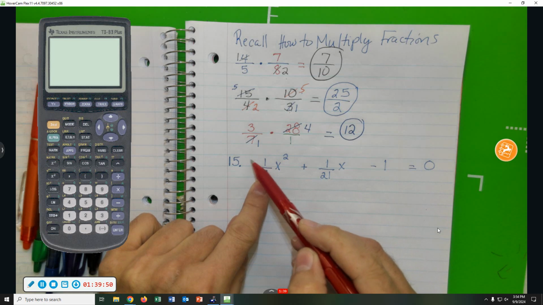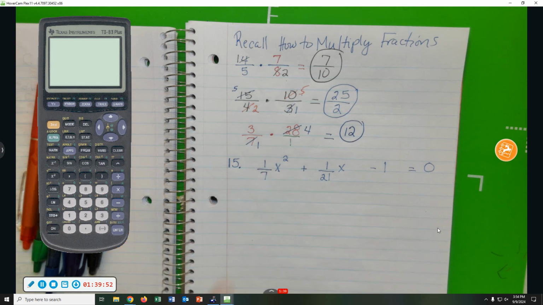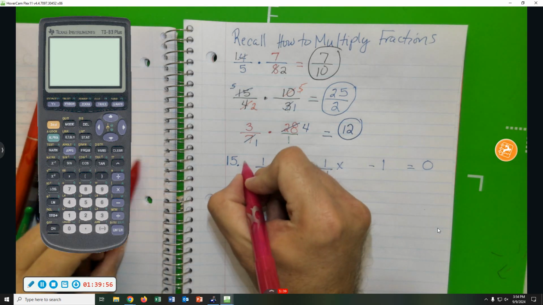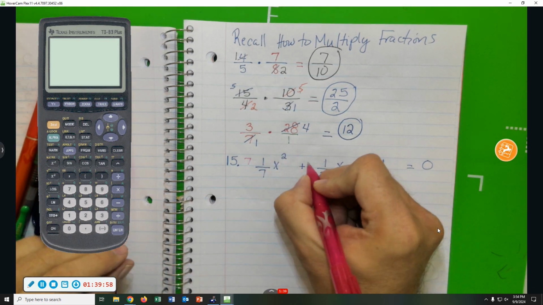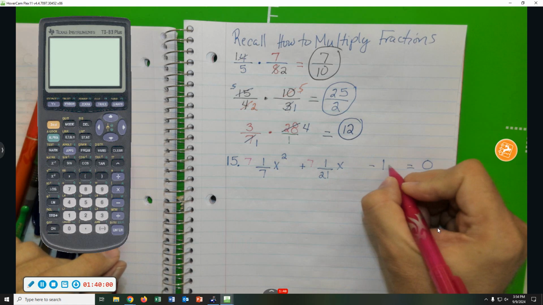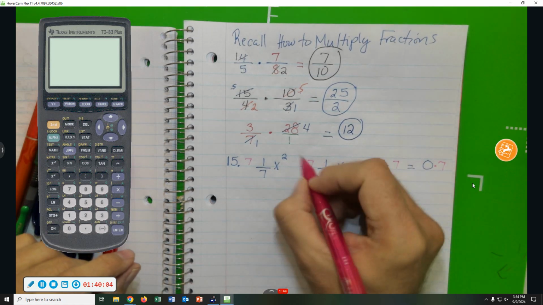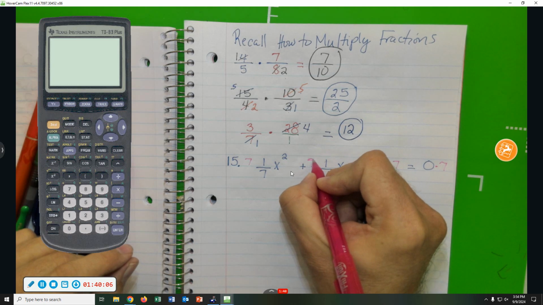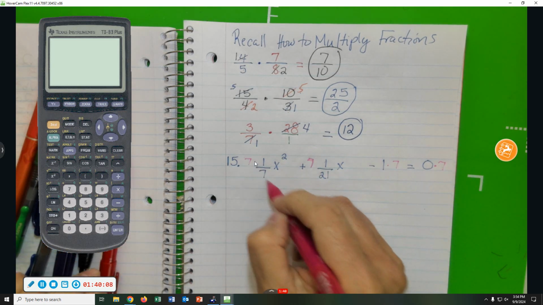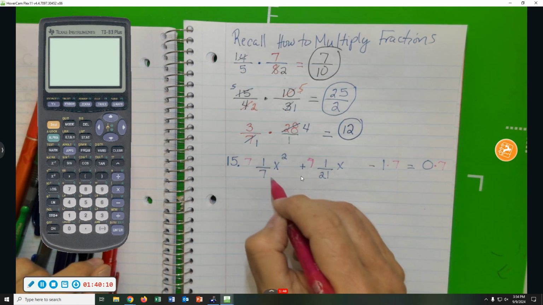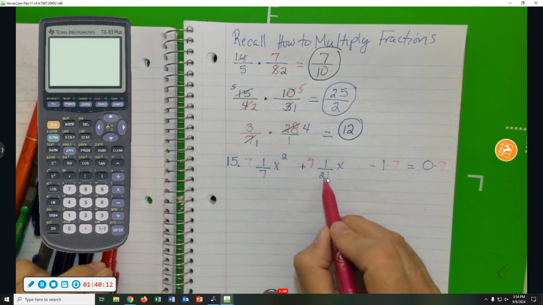Suppose you put the 7. We can use our erasable pens. If I went straight through multiplying by 7, you've canceled the first denominator, you've canceled out that first fraction. Have you canceled the second fraction completely out?